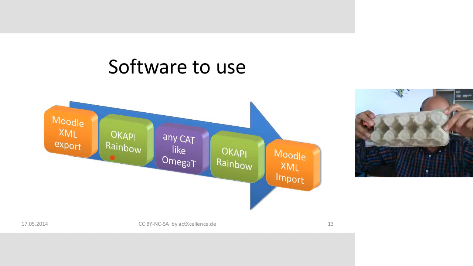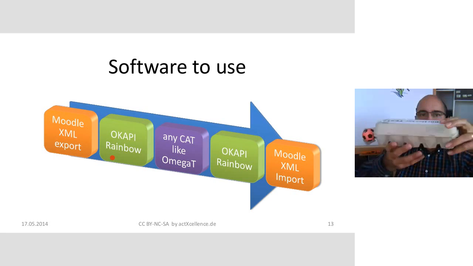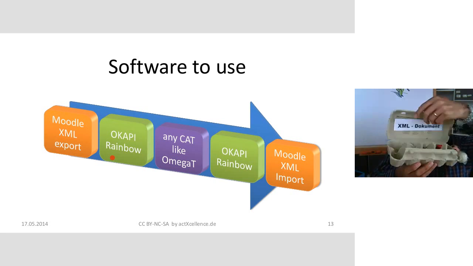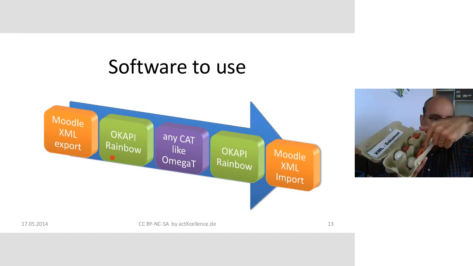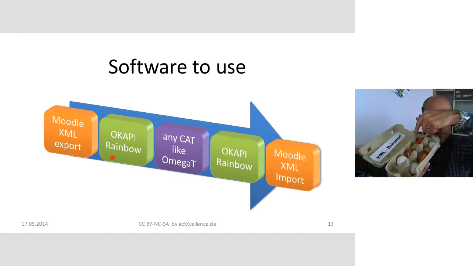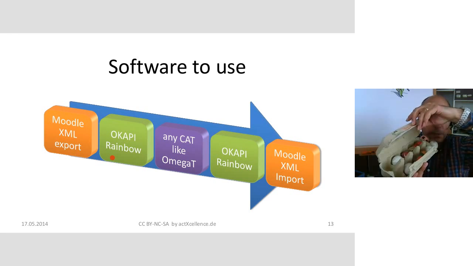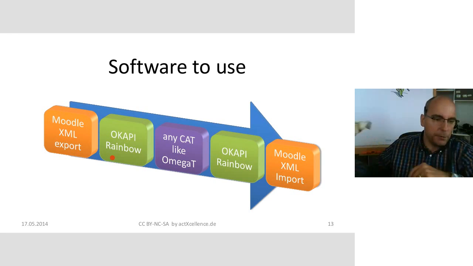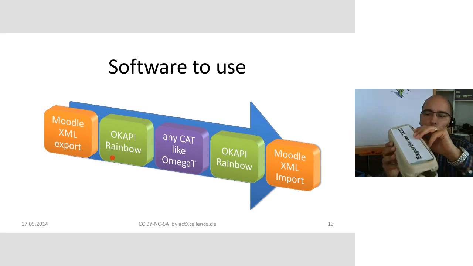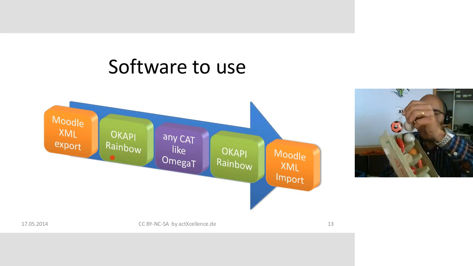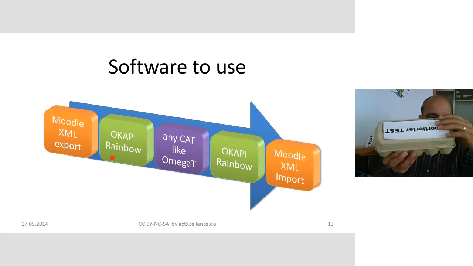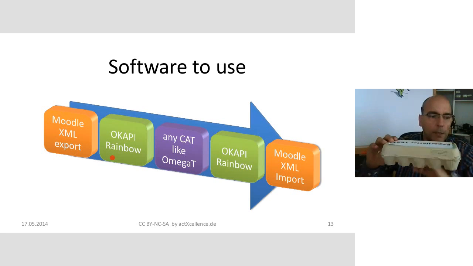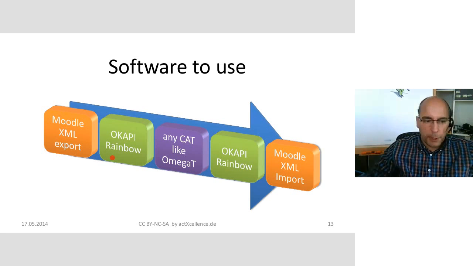With this XLF, you go to OmegaT, and OmegaT can help you to exchange all the single items inside of your XML file. Then, after translating, you go back to Okapi, put back the new content in your old XML file, and upload this to Moodle again.